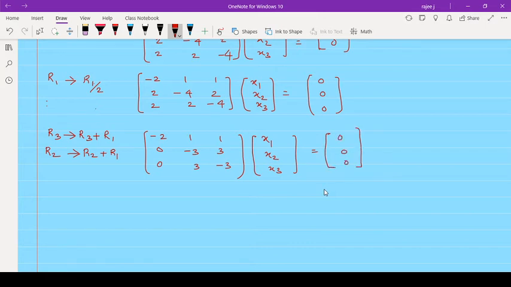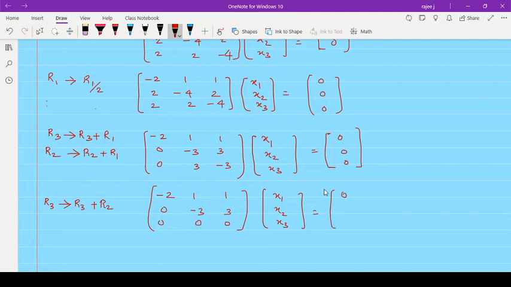So now again, if I do R3 changes to R3 plus R2, then minus 2, 1, 1, here 0, minus 3, 3 and 0, 0, 0. Minus 3 plus 3 is 0, okay, of x1, x2, x3 equal to 0, 0, 0.